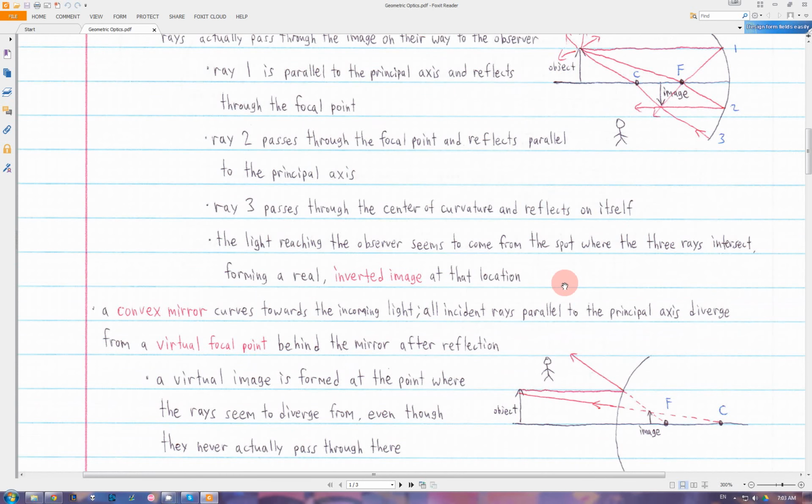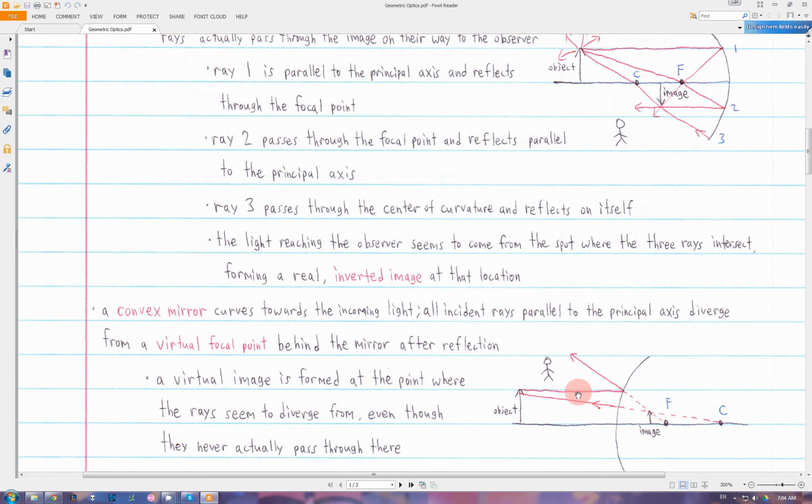Okay, so the other type of spherical mirror is a convex mirror, which curves towards the incoming light. And so all incoming rays parallel to the principal axis are going to diverge from a virtual focal point, or just the focal point, but this time the focal point is behind the mirror.